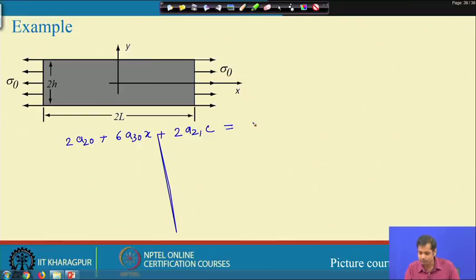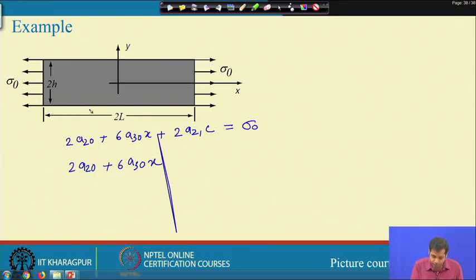There is some problem, you check it. That is equal to sigma 0. This is the stress sigma xx on this boundary. Similarly, we have 2a20 plus 6a30 x, and then this is 0 actually.